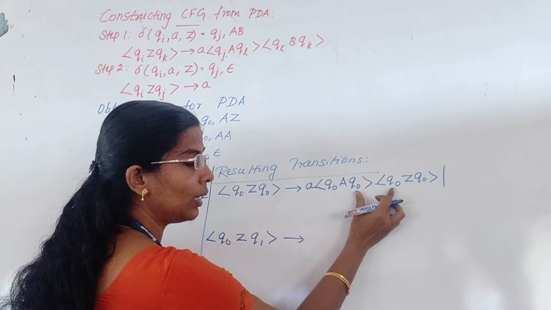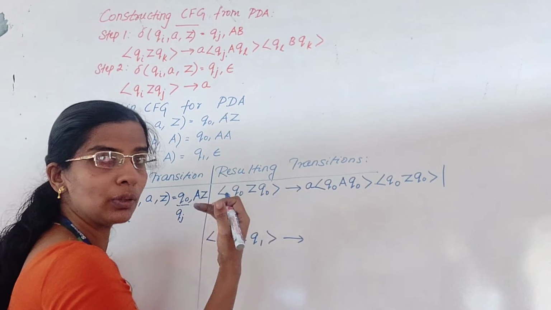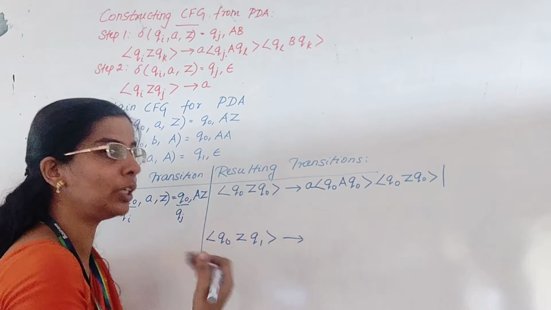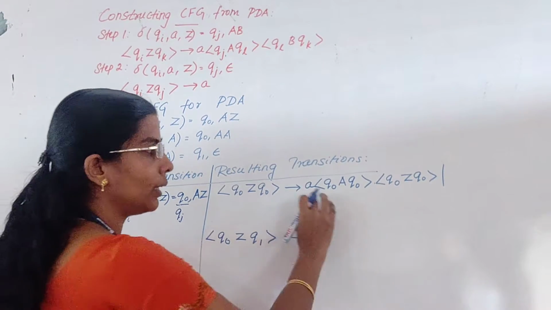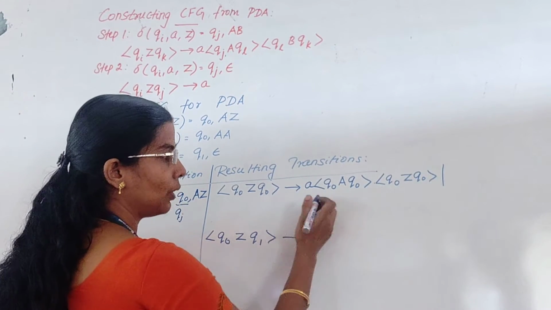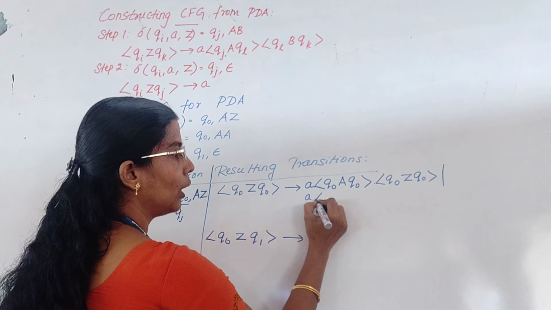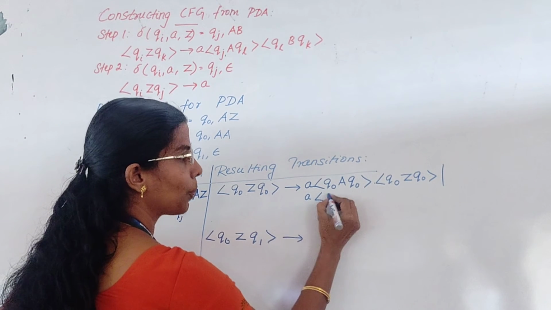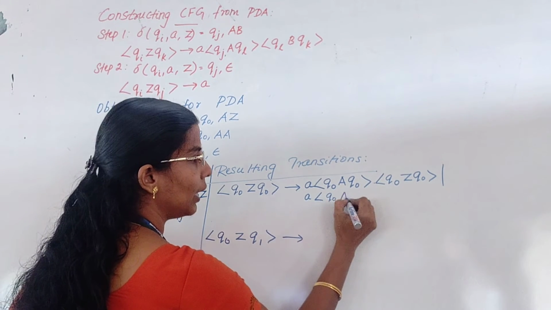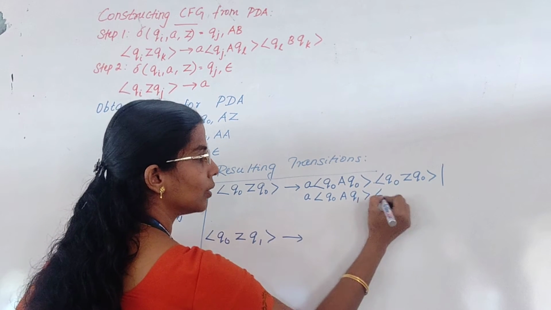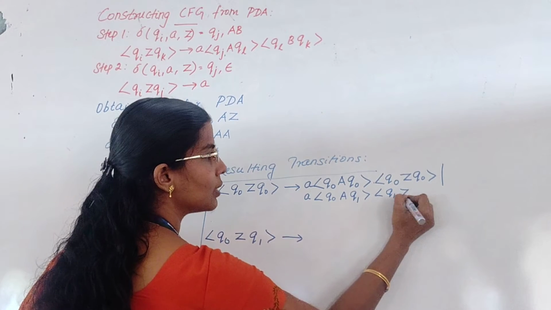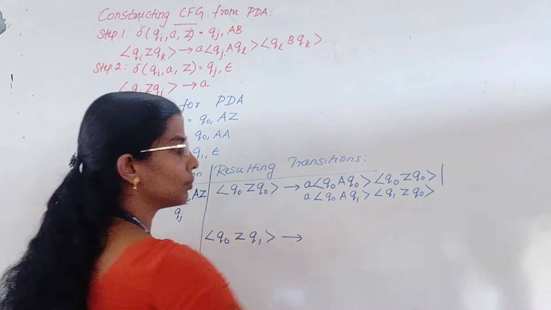As I told, L will take all the possible values. Since I have only two possible values for L, I have two different values. So it is K, only this L will change. Q naught, A, next possible value of L is Q1, set Q naught.